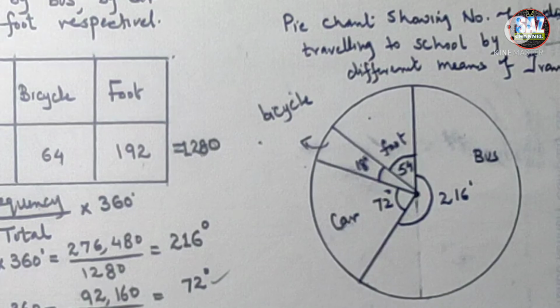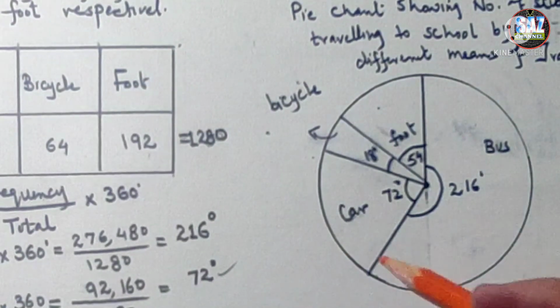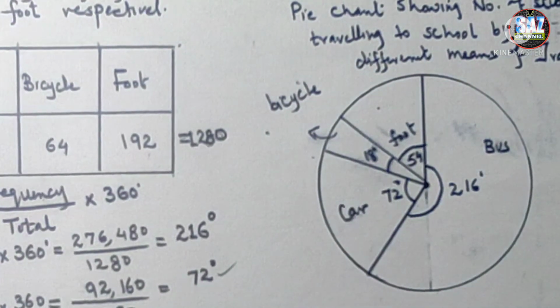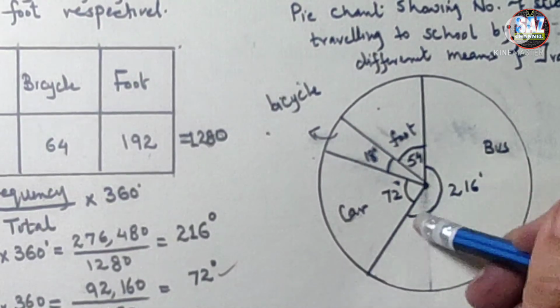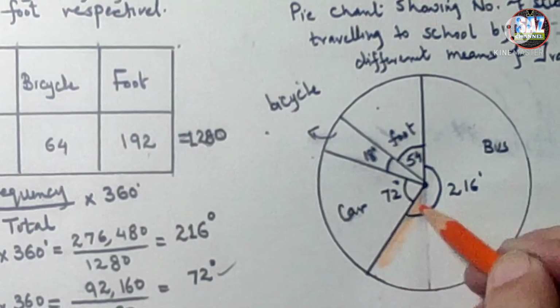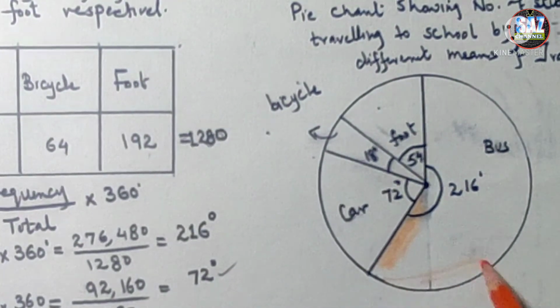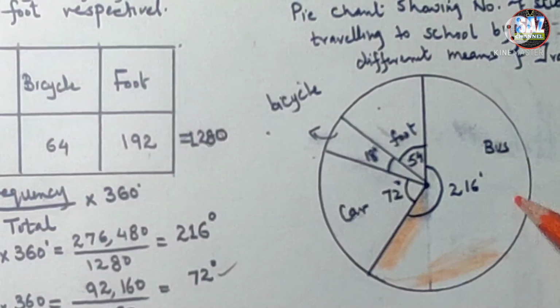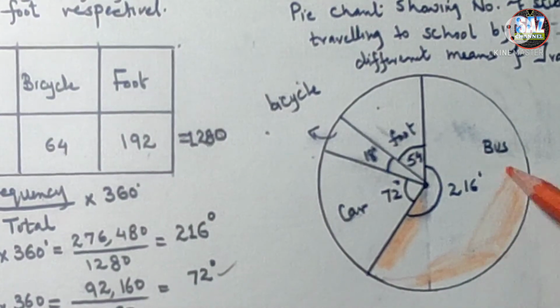Students, I hope you are really clear on how we are constructing the pie chart. As this is work for my young students, my 6th and 7th grade students, it's really important to give some coloring effect so that my students can enjoy this work. So let's go for coloring quickly so that we can have some beauty in our work.